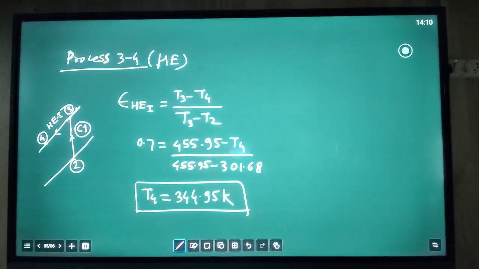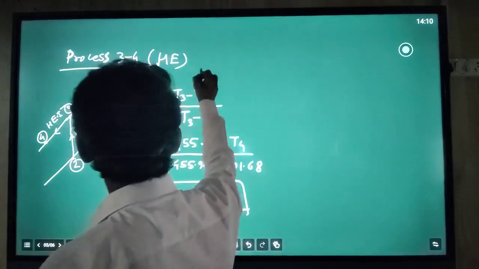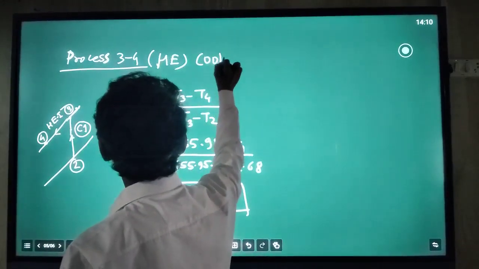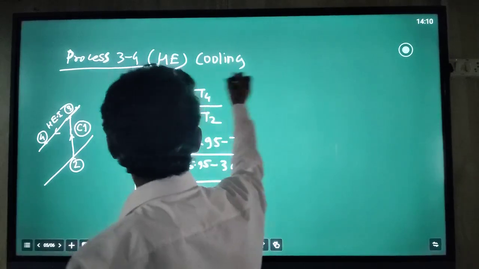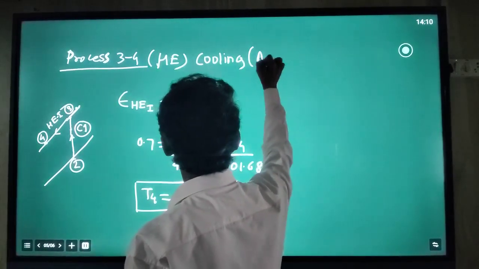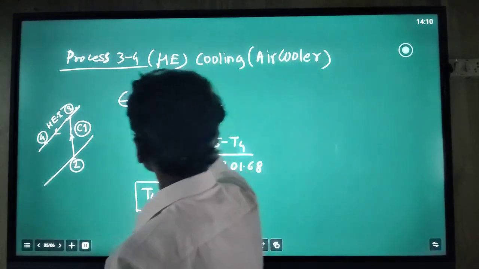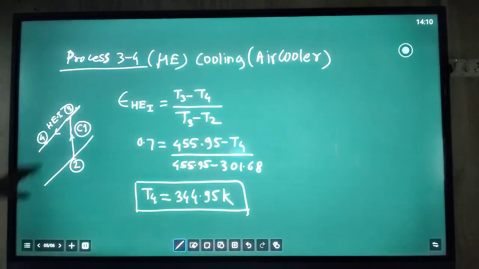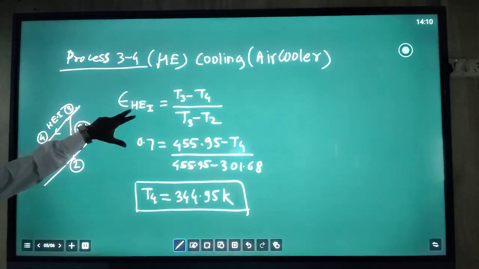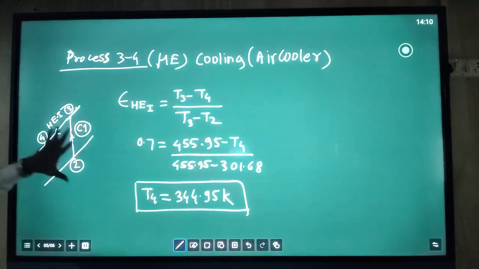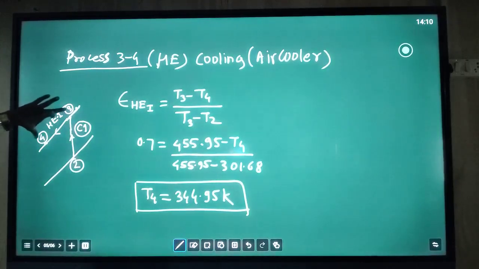Next to compressor 1, the process is the cooling process that takes place in the air cooler, heat exchanger number 1, process 3 to 4. So here the effectiveness, meaning the performance of heat exchanger number 1, is written as follows. This is a cooling process during which temperature T3 reduces to point number 4.